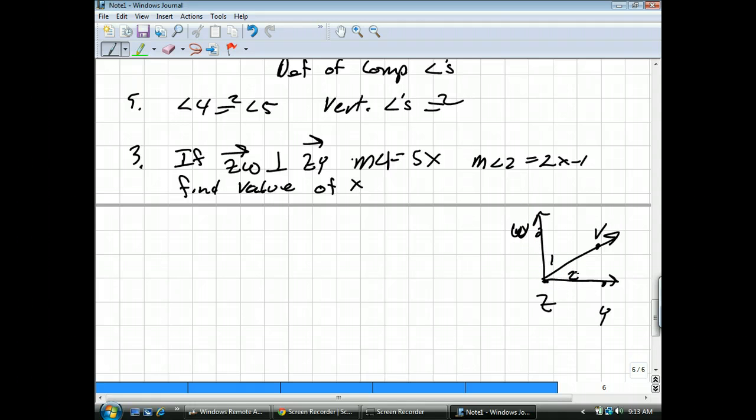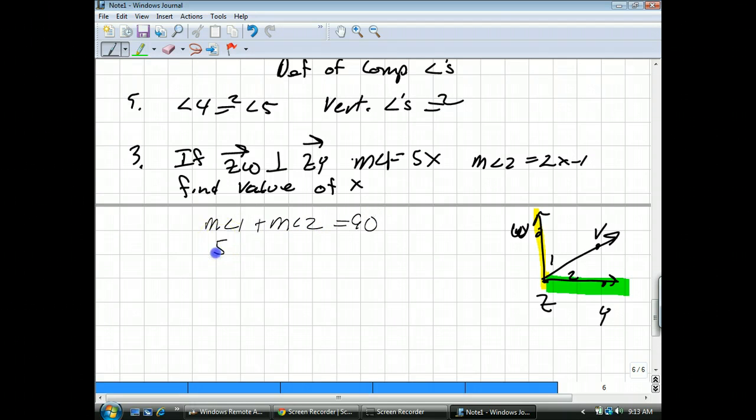All right? Well, since ZW is perpendicular to ZY, those are exterior sides of angle 1 and angle 2. And so by the theorem we know that they must be complementary. So then we know that measure of angle 1 plus measure of angle 2 must be equal to 90 degrees.